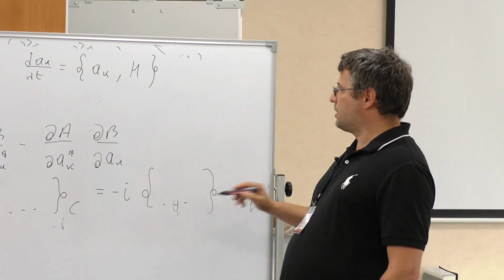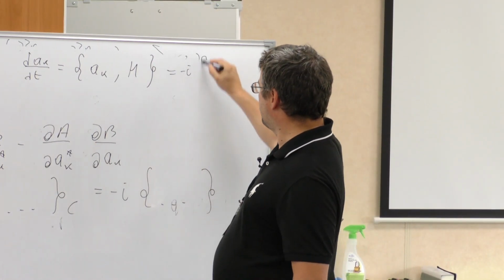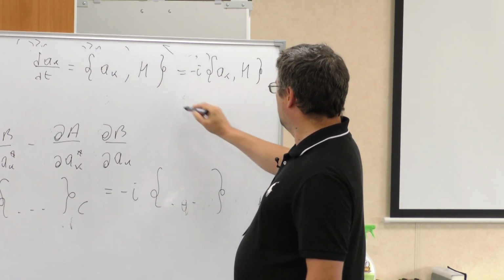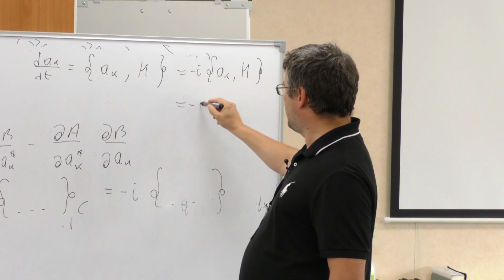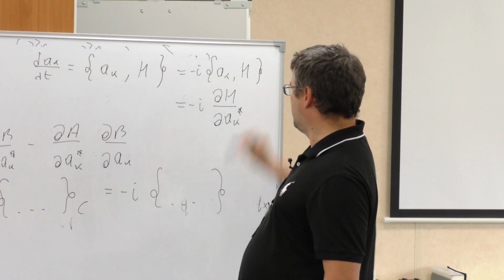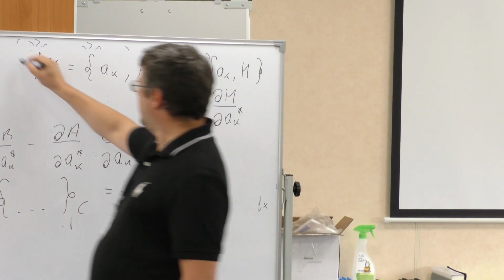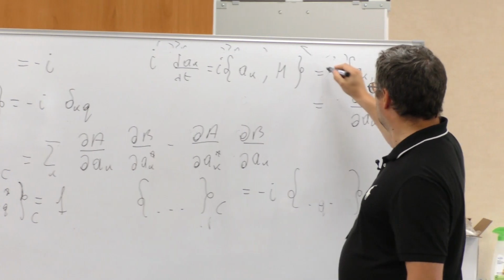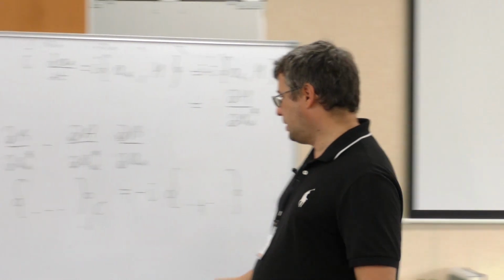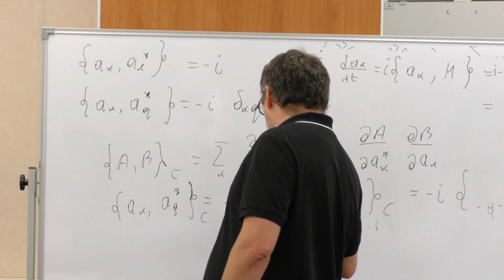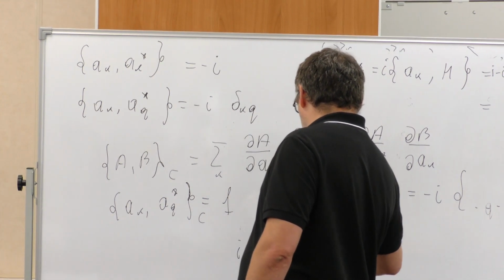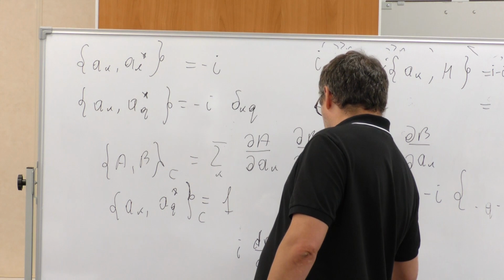So it's minus i times coherent state Poisson bracket, minus i times A_k and H. And this is nothing but minus i dH over dA_k star. Now I can multiply both parts by i. And I get the famous Gross-Pitaevskii equation. So many of you probably saw it. So i dA_k dt is equal to dH over dA_k star.